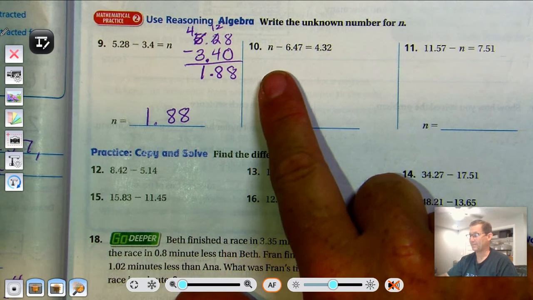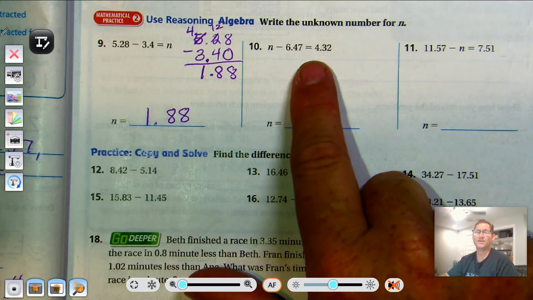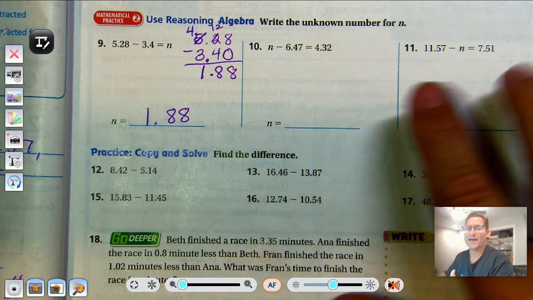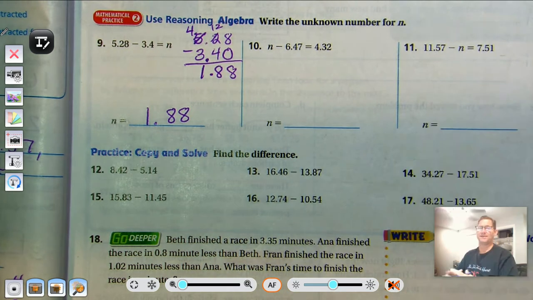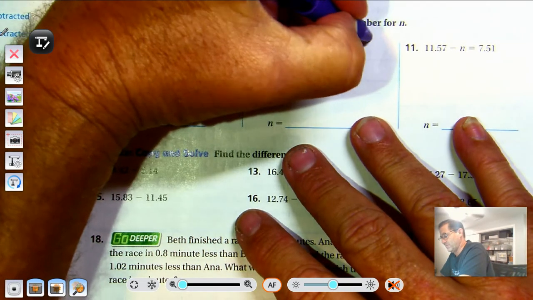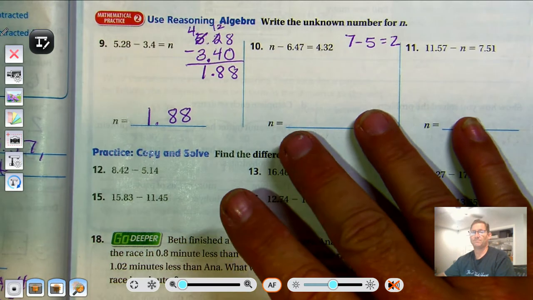Okay, number 10. n take away 6 and 47 hundredths equals 4 and 32 hundredths. Well, let's go back to third grade basic math fact families. And let's say we have 7 take away 5 equals 2. Right?